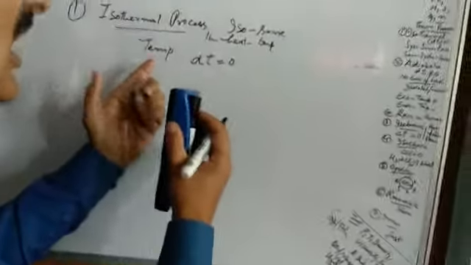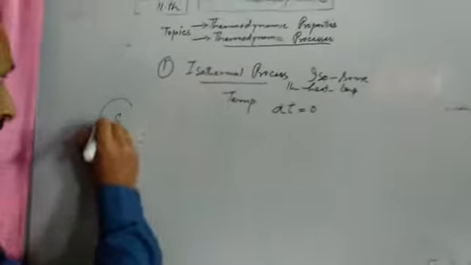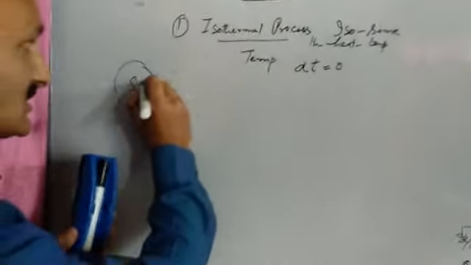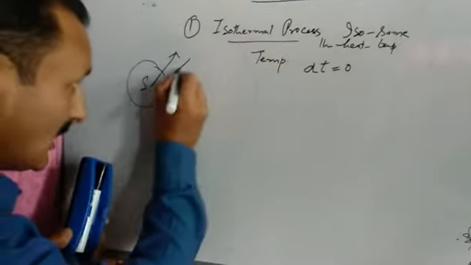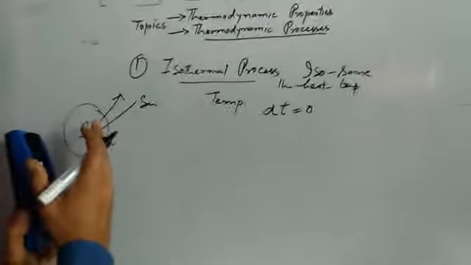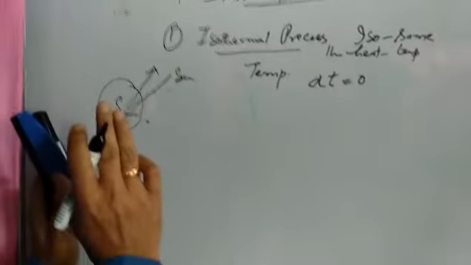However, if this is a system and these are surroundings, there may be exchange of heat from the system to the surrounding, or from surrounding to the system. There may be exchange of heat, but the total temperature of the system must remain same.